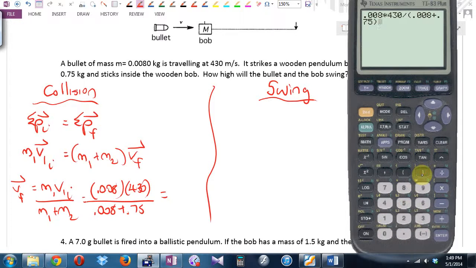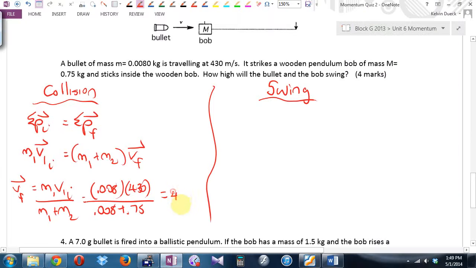And I get 4.5382. I'll write 4.54, but I'll keep this on my calculator. And that one is meters per second.